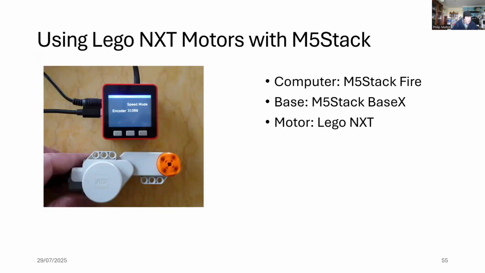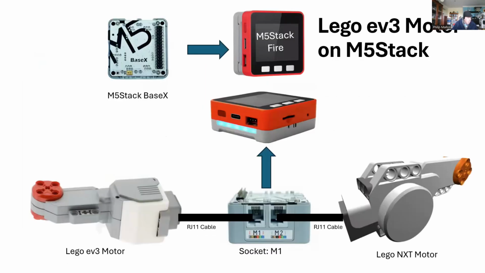And here I've put the NXT motor onto the base X motor controller. And now I've got both of them, both the Lego EV3 motor and the Lego NXT motor, working simultaneously with the base X.